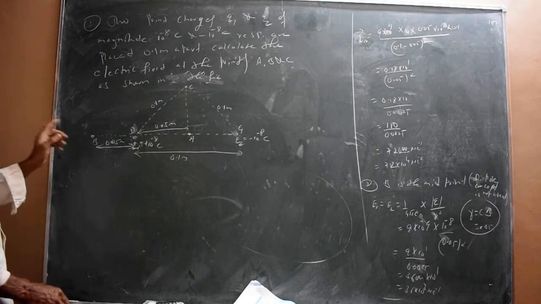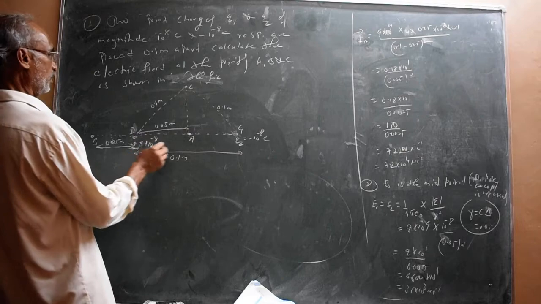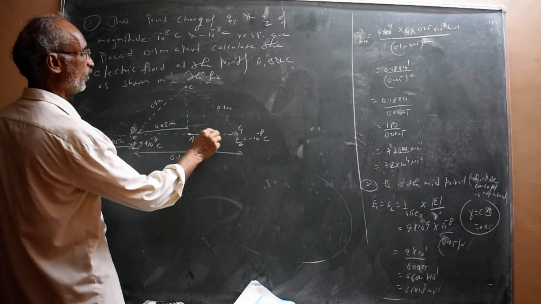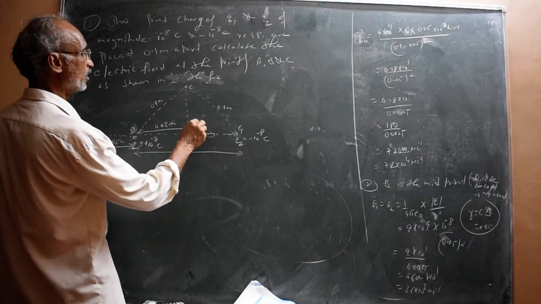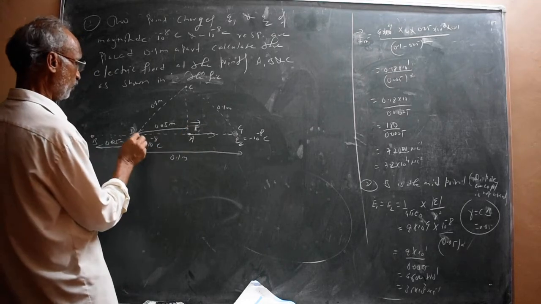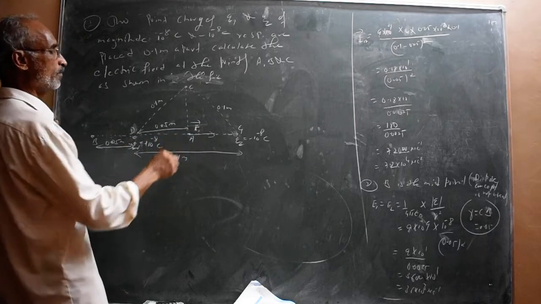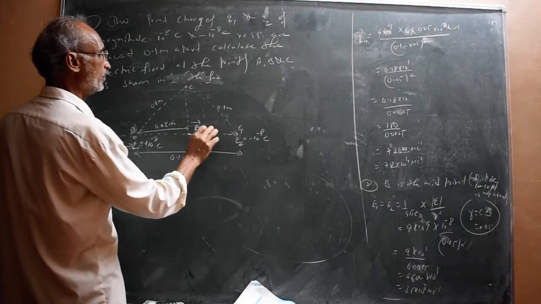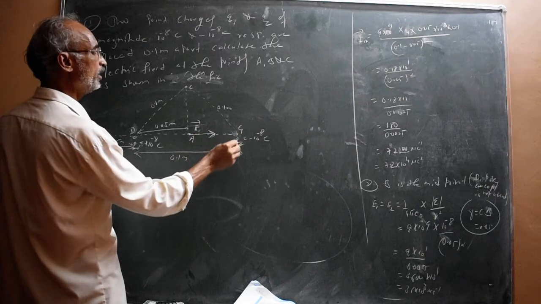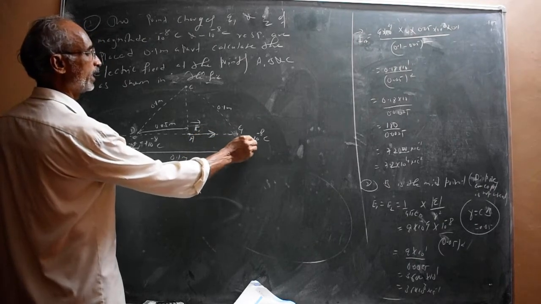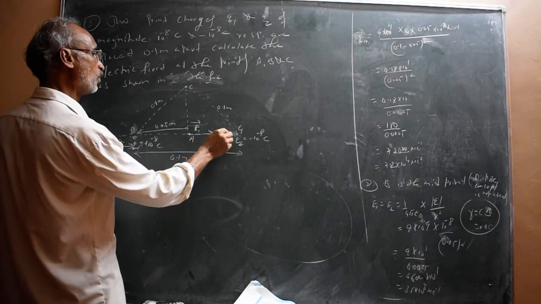For the point A, let us work out the field. E1 by the charge Q1 is radially outwards. Why? The charge is positive, therefore the field at the point A is radially outwards. For the charge Q2, which is negative, the field is towards the charge.